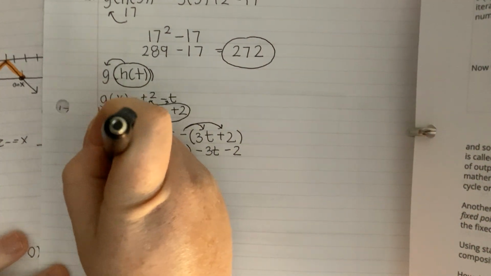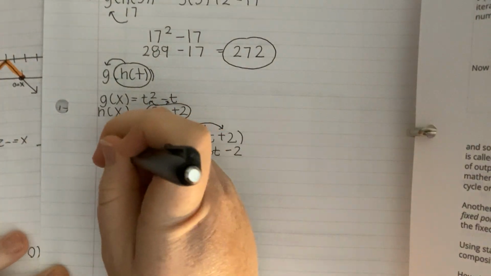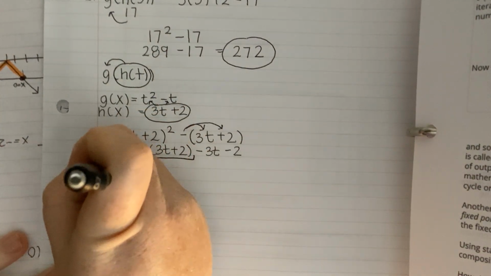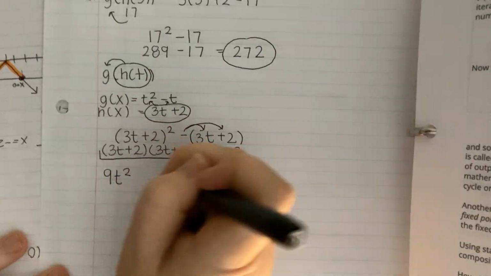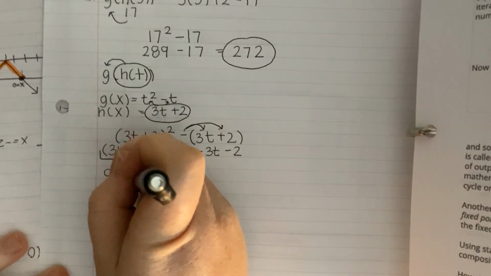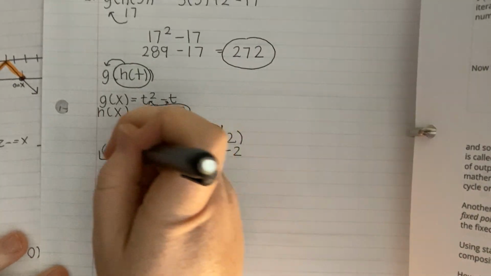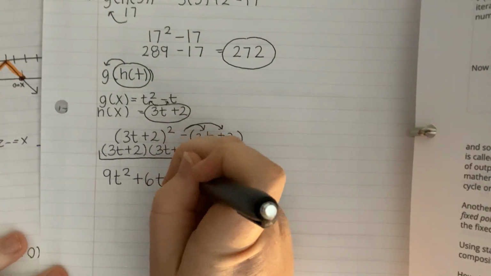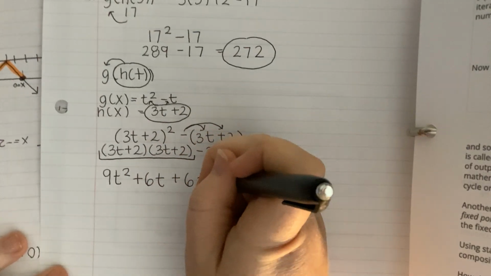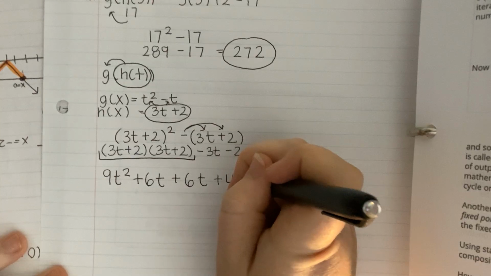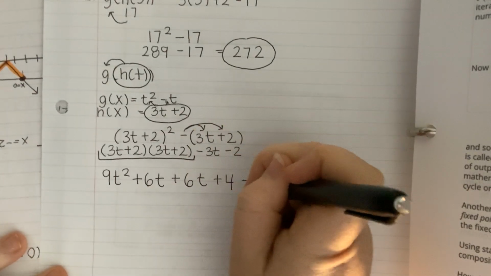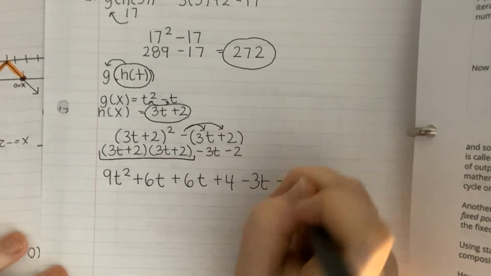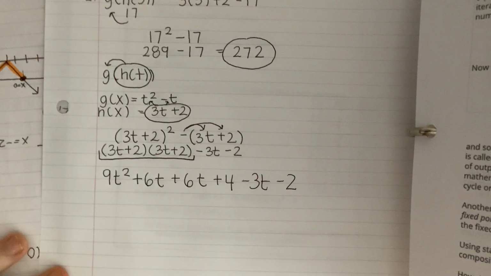Now you need to multiply this out. 3t times 3t is going to give us 9t squared. 3t times 2 is going to give us plus 6t. 2 times 3t is going to give us plus 6t, and 2 times 2 is going to give us 4. And then we still have this minus 3t minus 2. Now you're just combining like terms.